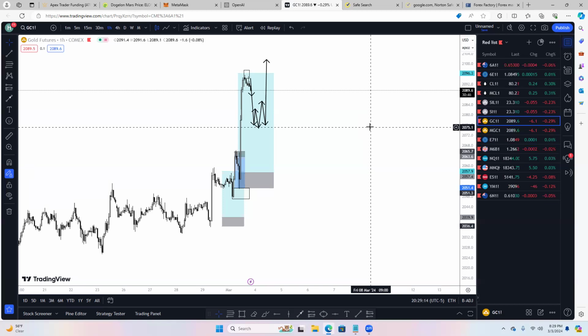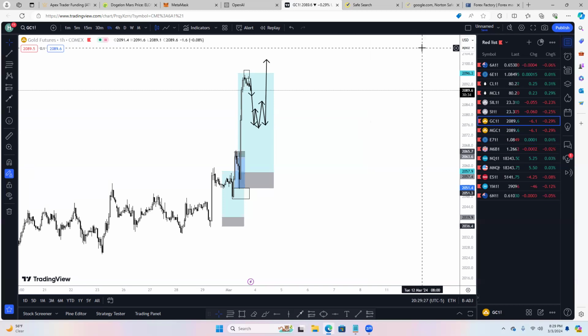Normally on an NFP week, before NFP happens, they're playing around with choppiness and punishing those who were early sellers or buyers. The real move happens later. It's just playing around, giving some setups, but not the real move.